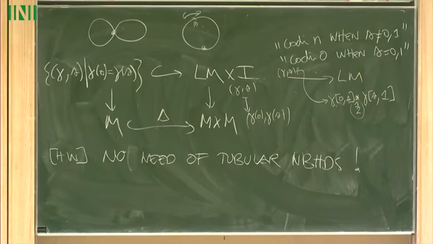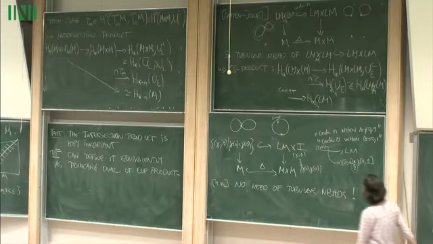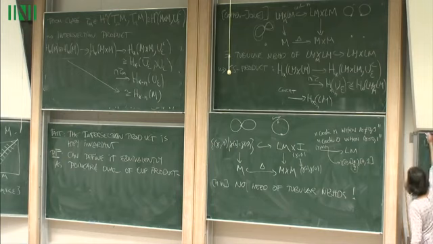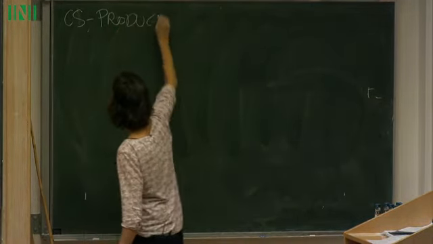For example, maybe let me do the Chas-Sullivan product. How do you do this?